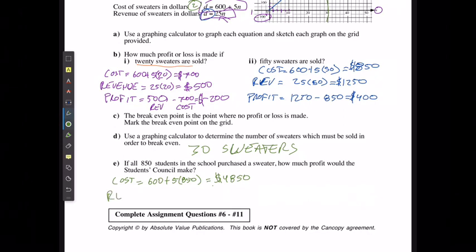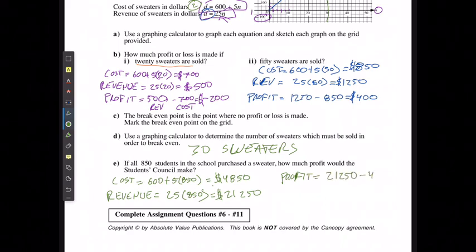The revenue is going to equal 25 times 850. The amount of money I'm bringing in is going to be $21,250. The profit is going to be the amount of money I brought in, $21,250 minus that $4,850 for expenditures. The amount of profit is going to be $16,400.